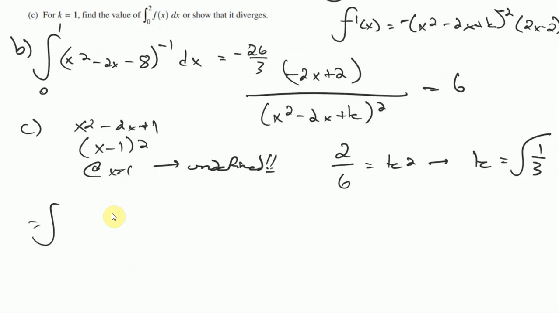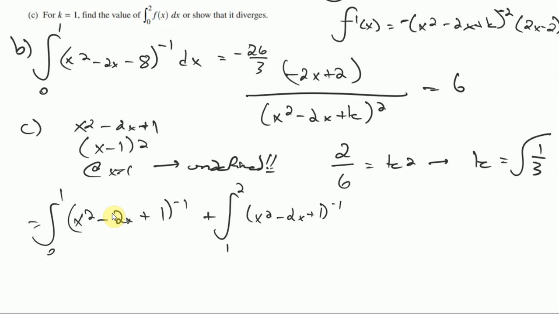This is going to be equal to the integral from 0 to 1 of x squared minus 2x plus 1 to the negative 1, plus the integral from 1 to 2 of x squared minus 2x plus 1 to the negative 1. Oh, I forgot to put the dx's there.